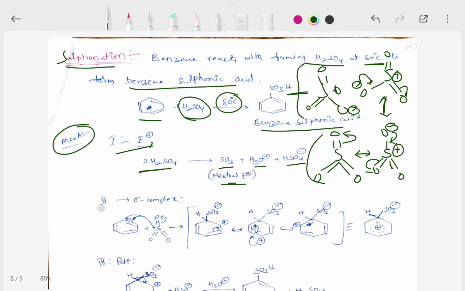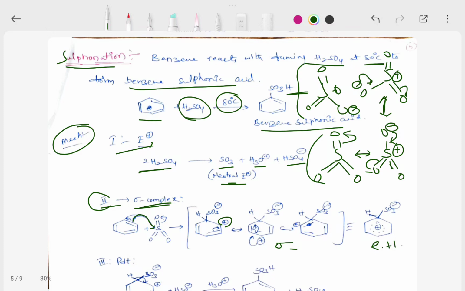The second step is sigma complex formation. Benzene donates electrons to the sulfur trioxide, the neutral electrophile, and forms a carbonium ion. This carbonium ion undergoes resonance and forms a sigma complex. Here is the resonance hybrid structure.